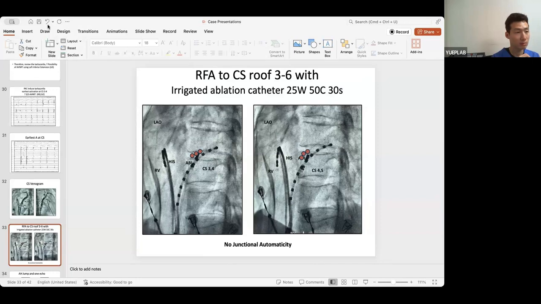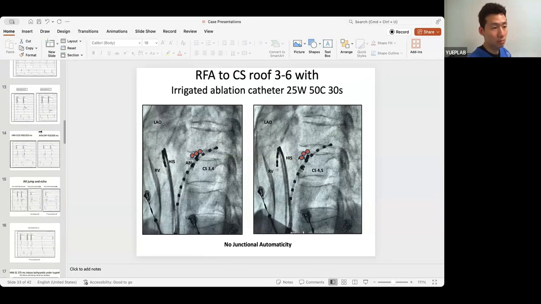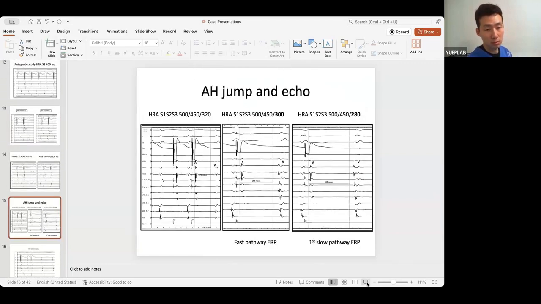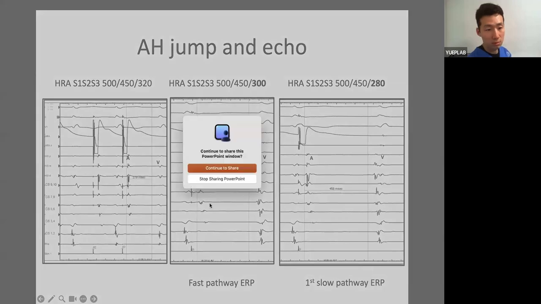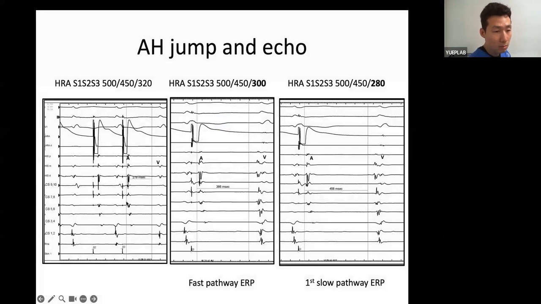So I have a question. Yes, please. The slide that suggests the 2 jumps. If you could please show that slide, the one that suggested the 2 jumps. Yes. Keep going. Double jump. Yeah, that one. Yes, I'm wondering because the impulse will go through the slow pathway and still go through the AV node, which still has decremental properties.